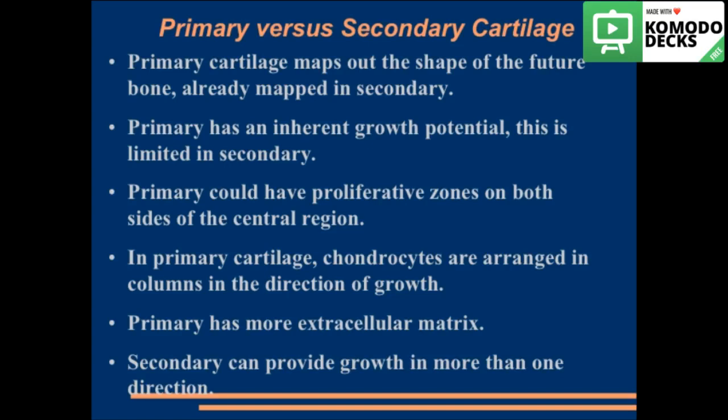The chondrocytes in the primary cartilage are arranged in columns in the direction of growth, while in the secondary cartilage growth is provided in multiple directions. And this is why the chondrocytes are not aligned in columns.